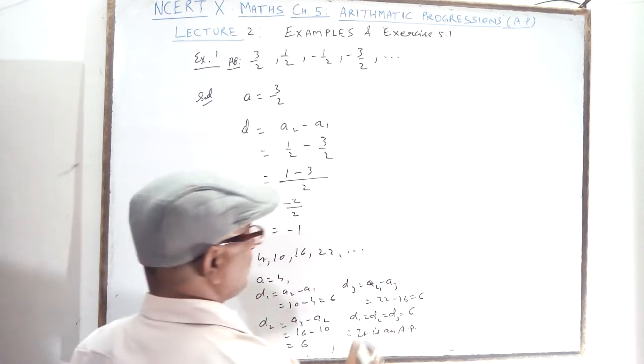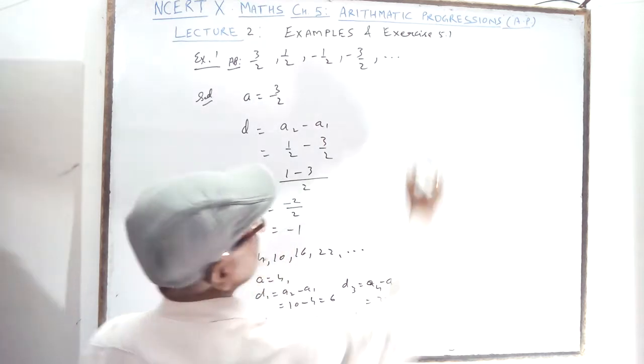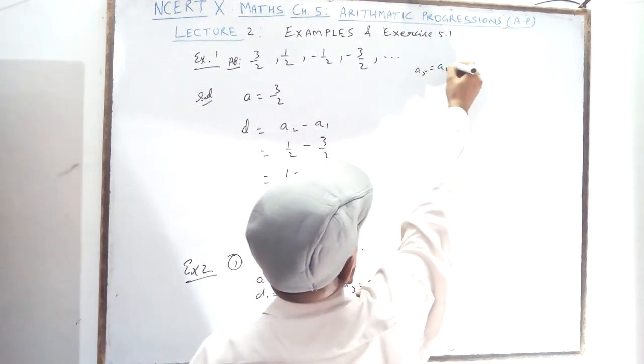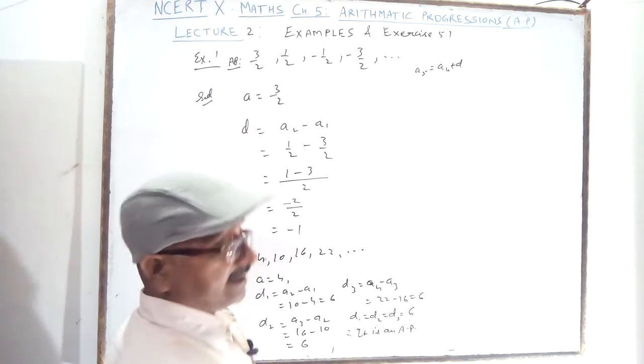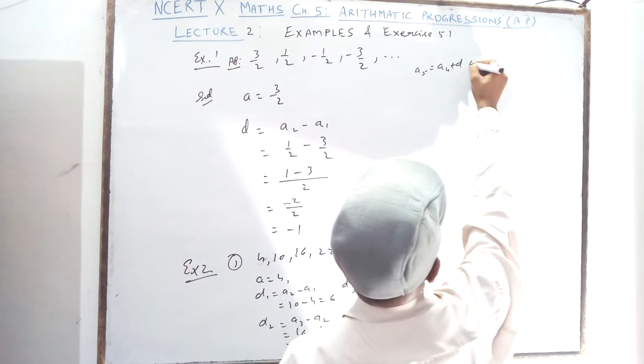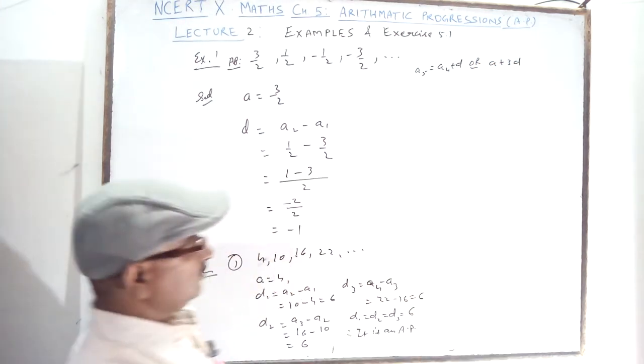If it is an AP, then what do you want to get? You want to get the fifth term, which is A4 plus D. You can write this, or A plus 4D. Both options you have.